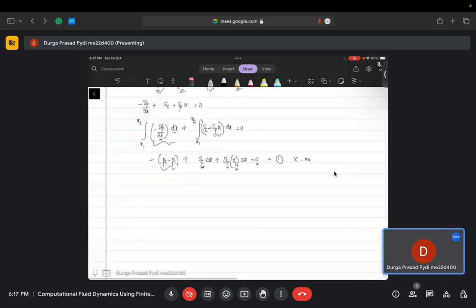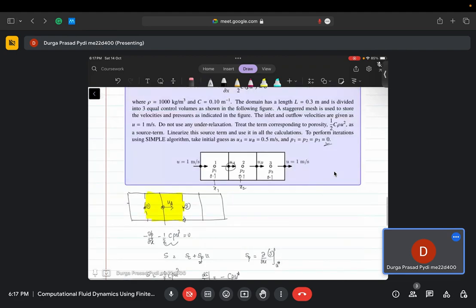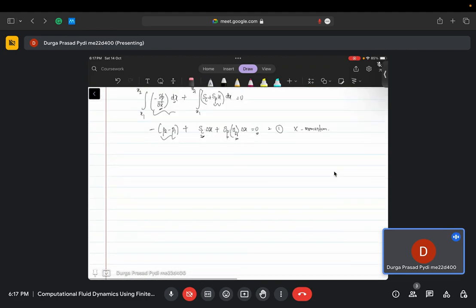So now what does the question ask you? You have to apply this. Okay, what is your next step? It is to get your pressure correction equation. So how do I get my pressure correction equation? From this. So how do I write uA prime? It is some d times P2 prime minus P1 prime.